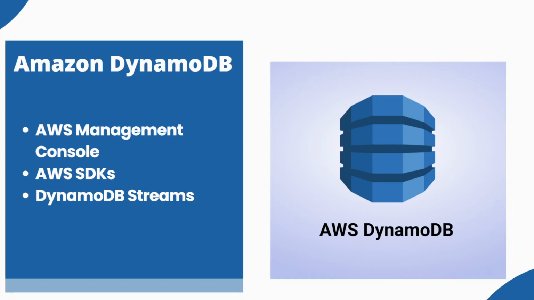It is basically a feature of DynamoDB that captures a time-ordered sequence of item-level modifications in DynamoDB and streams them to various AWS services for further processing. It's used for building real-time data processing pipelines, change data capture, and triggering events based on database changes.